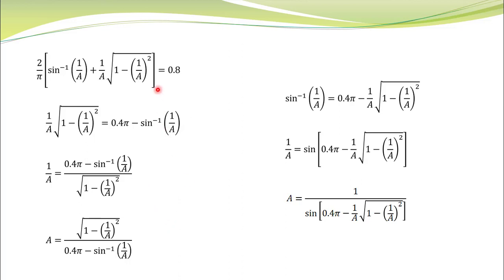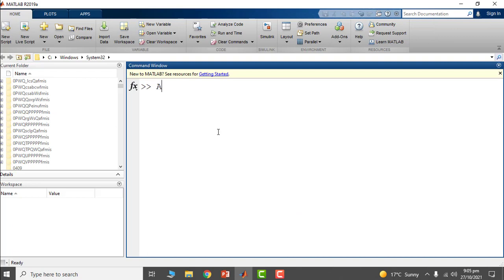Therefore, I have rewritten this expression into another form, and this easily converged in just 2 iterations. Let me write it over here. We take some initial guess for a. Let's take it to be a equal to 2. This is just a guess. I do not know what the solution to that equation is, so I have taken a guess.